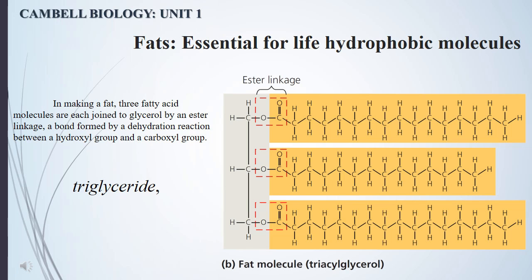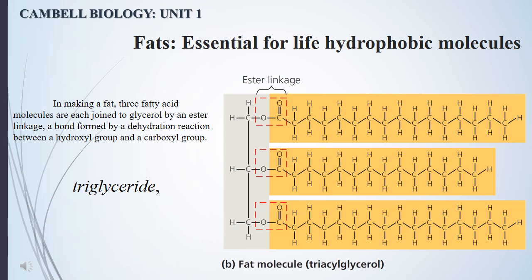Now, to make fat, we need 3 fatty acids being joined to a single glycerol by ester linkage. Ester linkage is denoted on this picture in a red square. And again, these bonds are formed through a dehydration reaction between the hydroxyl group and the carboxyl group.